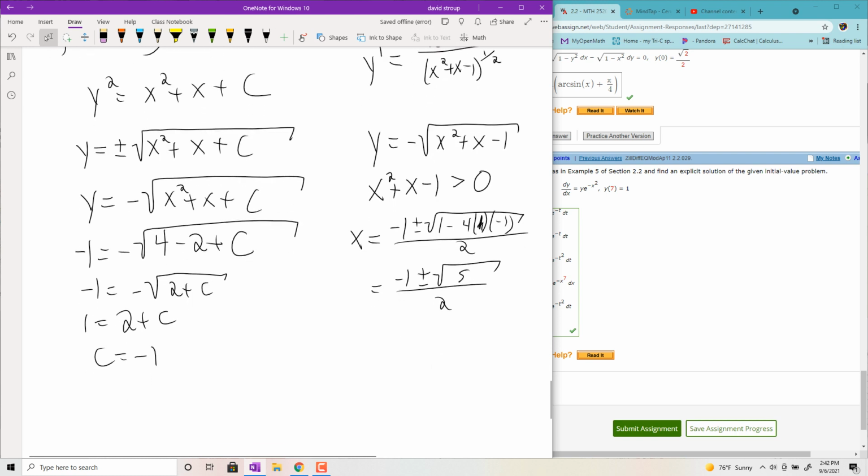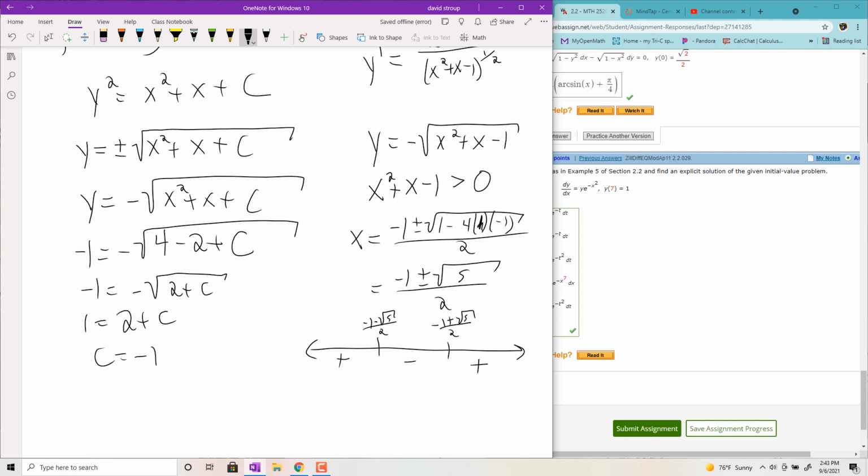Okay, so we can look at a number line and see where that thing is greater than 0. So -1 minus square root 5 all over 2, -1 plus square root 5 all over 2. The sign will be positive, negative, and then positive for that parabola.